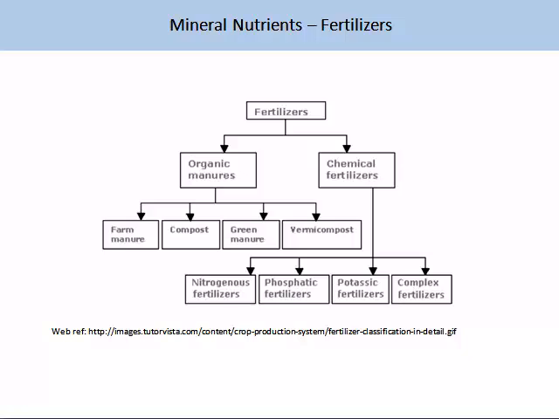They can be separated into 2 fundamental groups, the organic manures and the chemical fertilizers. Each of these groups have subdivisions and sub-fertilizers, and each one should be looked at, and the species, the soil type, the growth stage, soil composition and plant tissue analysis should all also be considered when choosing which fertilizer to apply.